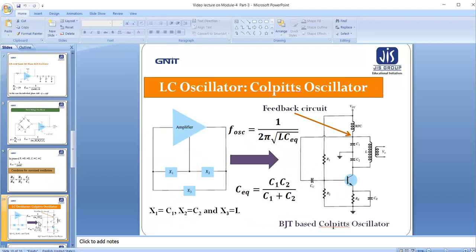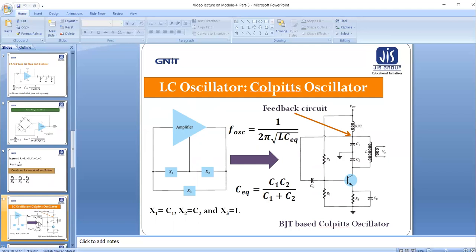Now we are going to the LC oscillator. LC oscillators handle the inductor and capacitive network. This type of oscillator produces a sine wave at much higher frequency than the previous two oscillators.